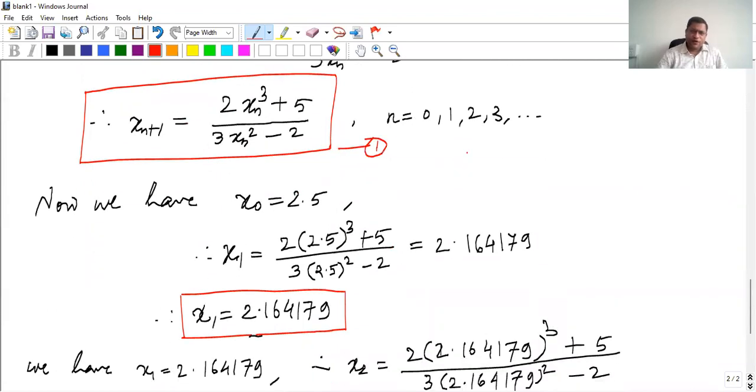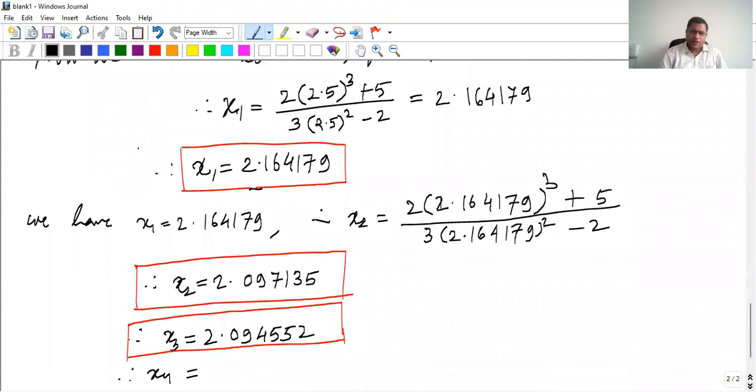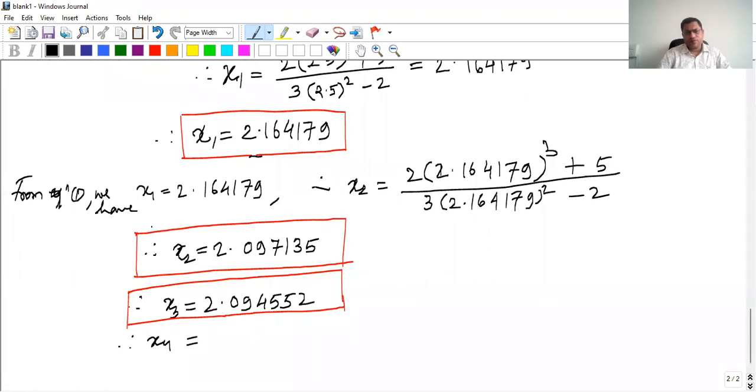You can write here, from equation 1 we get x2.